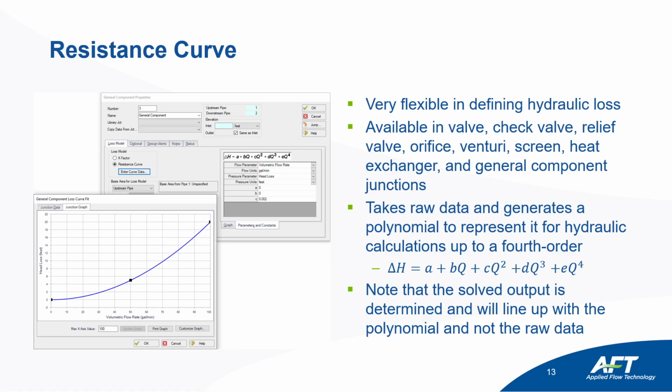Resistance curves. These are very flexible in defining hydraulic loss. They're available in a whole slew of options here just because they're so general and flexible. What a resistance curve is going to do is take your raw data, you're going to go to your enter curve data, give it a table.